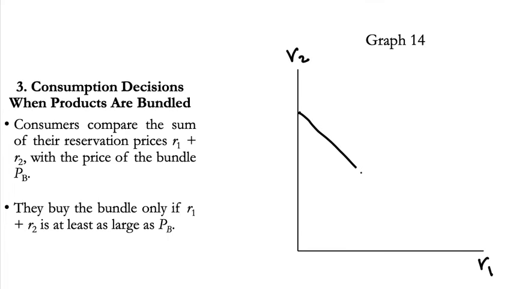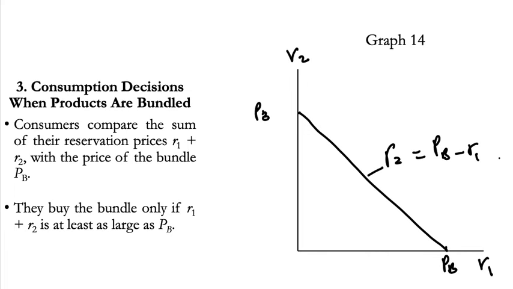So as a consequence, we have PB here maximum, PB here maximum. Now this one is R2, reservation price for good 2, which equals the bundling price minus reservation price for good 1.